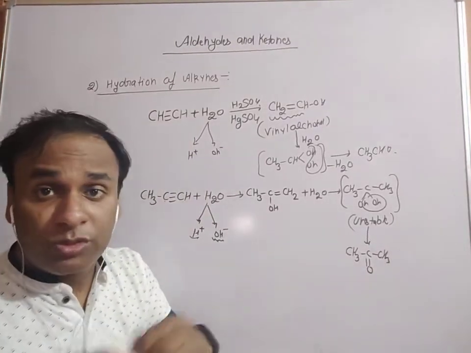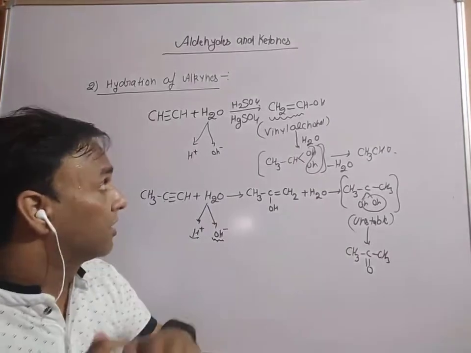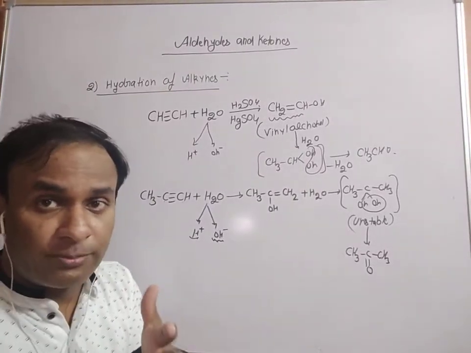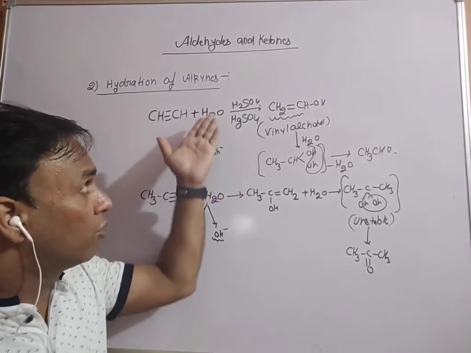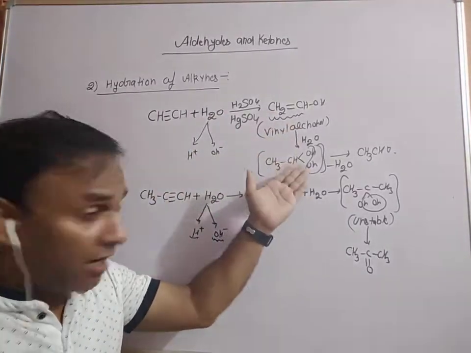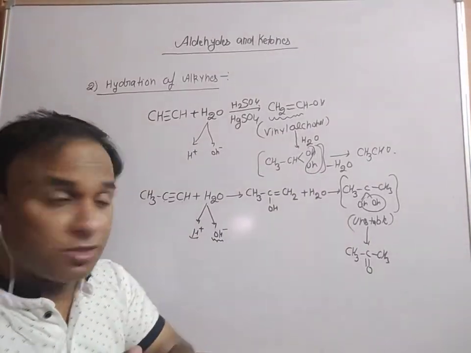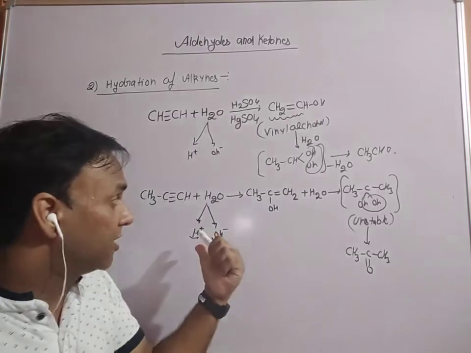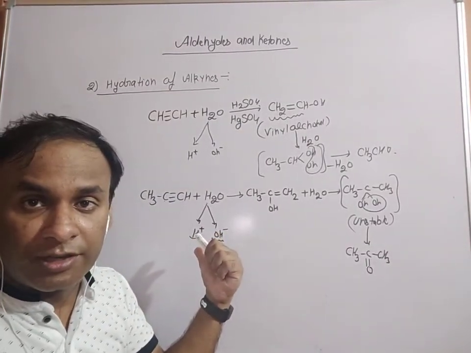Clear? We can use this method in conversion as well. The most important point: ethyne on hydration in the presence of H2SO4 and HgSO4 gives aldehyde, while other alkynes give ketone because alkynes follow Markovnikov's rule. Clear?